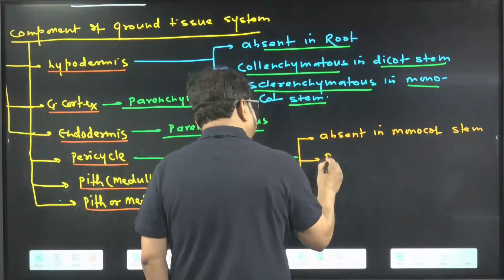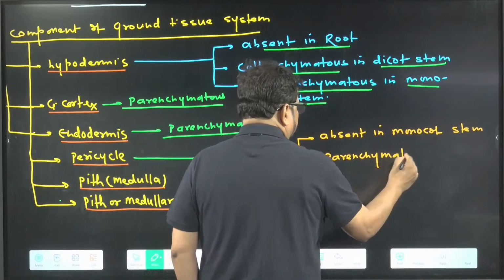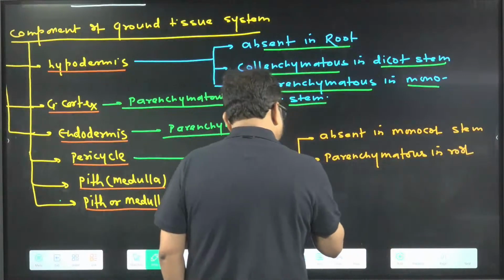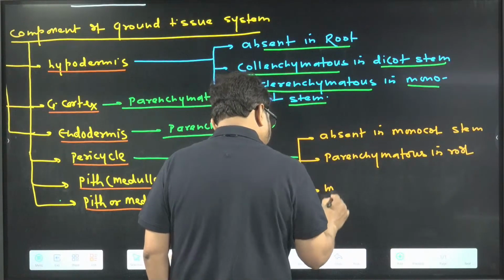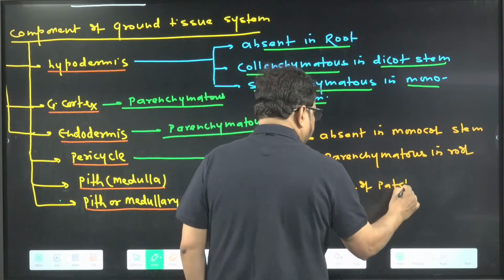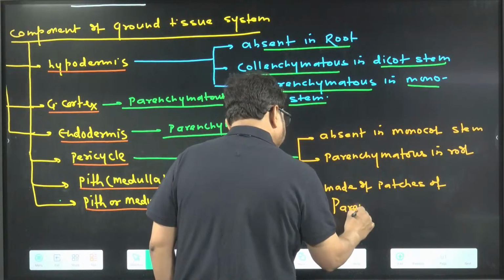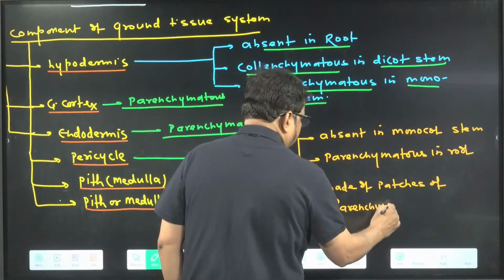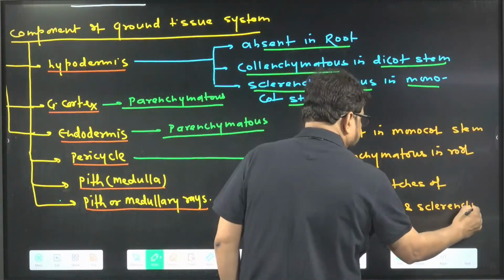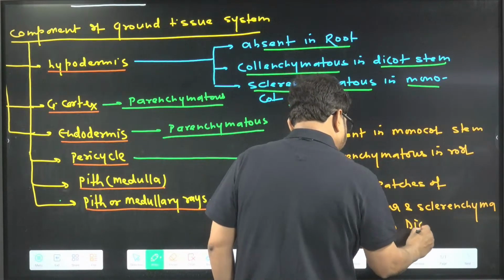It is parenchymatous in root, meaning made up of parenchyma, and it is made up of patches of parenchyma and sclerenchyma in dicot stem.